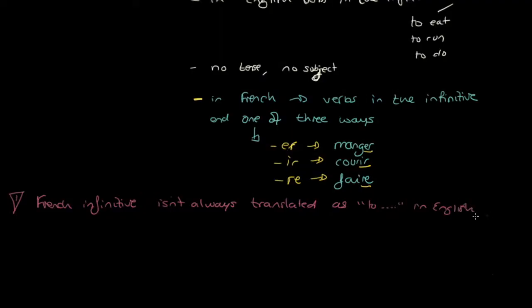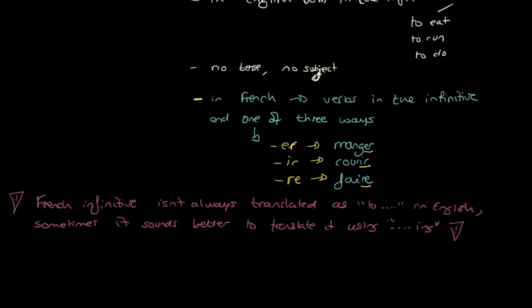So we don't always translate it with the infinitive in English. Sometimes it sounds more natural in English to translate it using the ing form of the verb. So what do I mean by that?